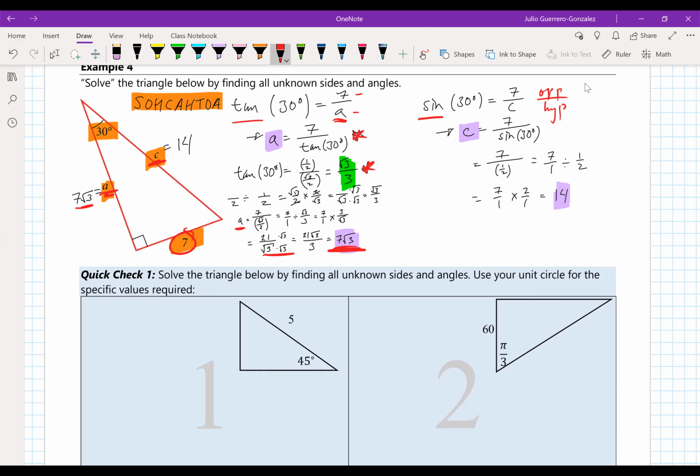Which is 7 divided by C. Do a little bit more arithmetic. We get the next line down. Sine of 30 degrees, we know what that is. That is 1/2. So we can go ahead and substitute 1/2, and we get 14 at the end. So at the end, we get all 3 sides that we need.